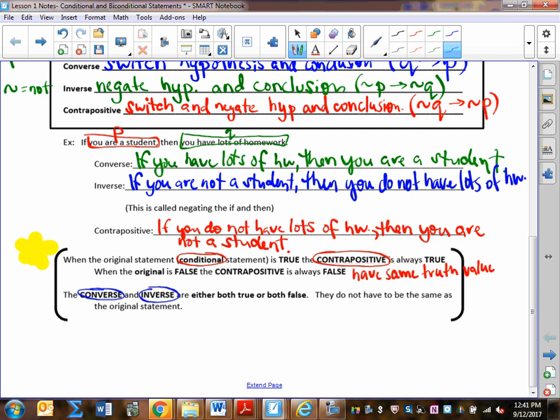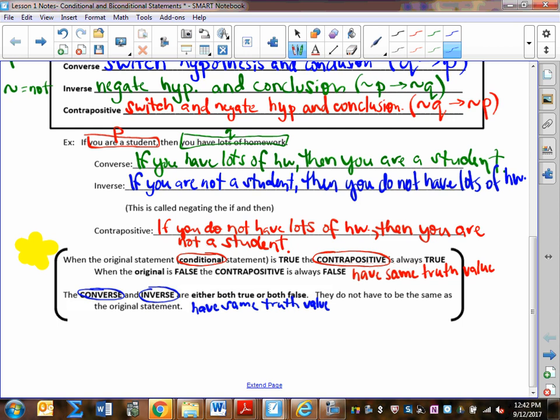So they have the same truth value as well. Now, these might be different from your conditional. They might be the same, but it might have a different truth value from the conditional. So conditional and contrapositive go together in truth values. Converse and inverse go together in truth values.